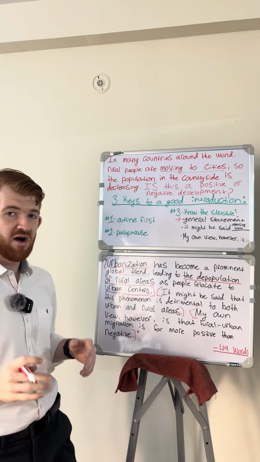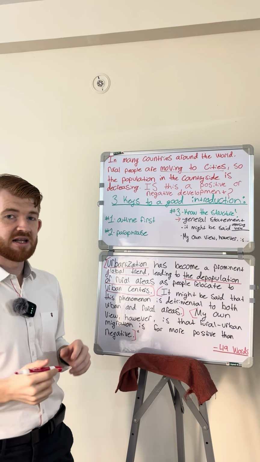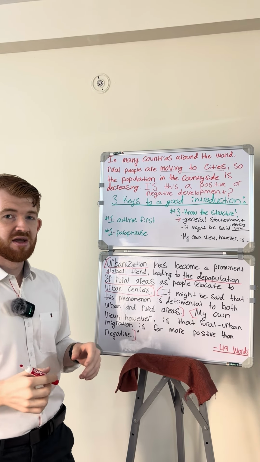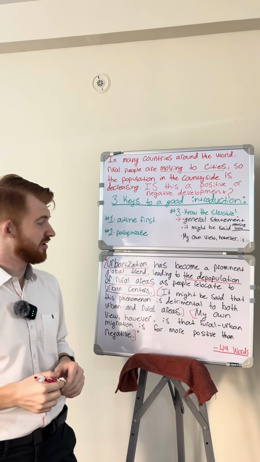This is a really great example of paraphrasing, and if you could do the same thing in your exam, it will look really well. It will definitely get you a high score.